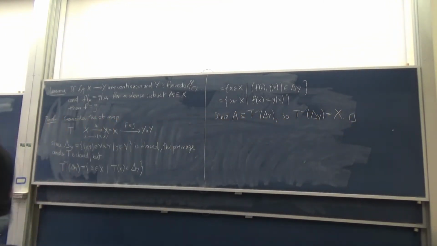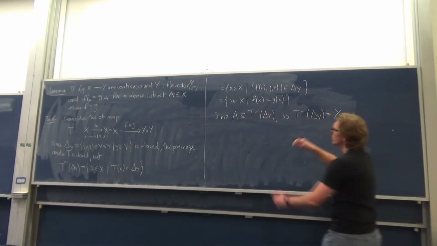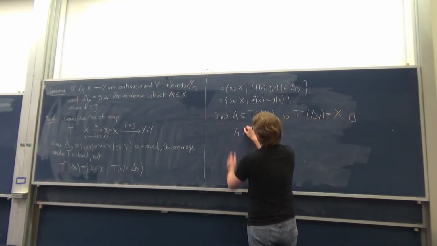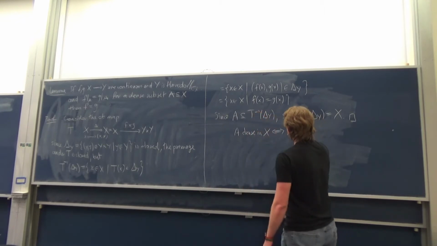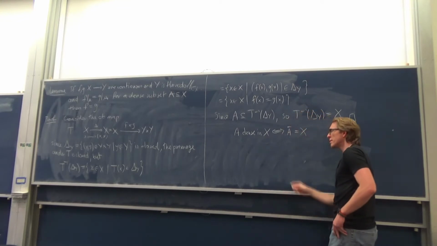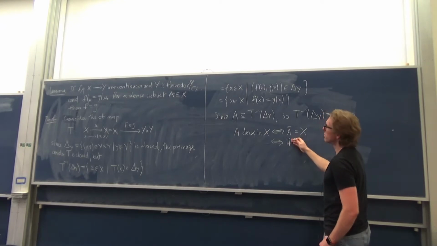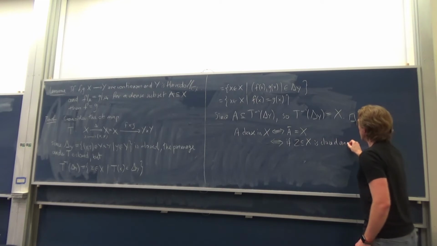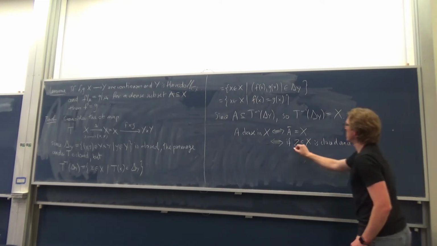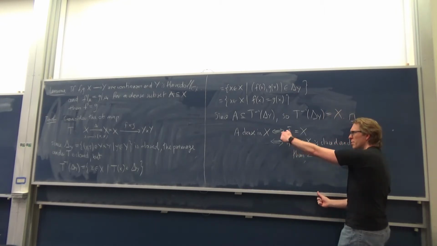Okay, so, why is that closed and that dense? Why does this follow? To say that A is dense, one way of saying that is that the closure of A is X, but that's logically the same thing as saying that if Z in X is closed and Z contains A, then Z is X. Let me explain this equivalence.